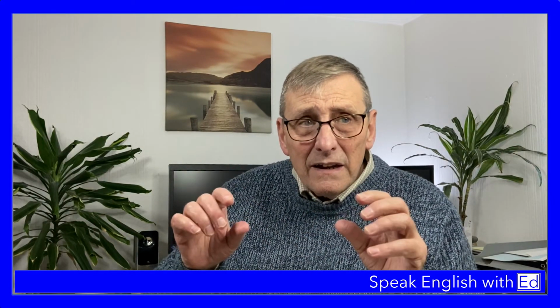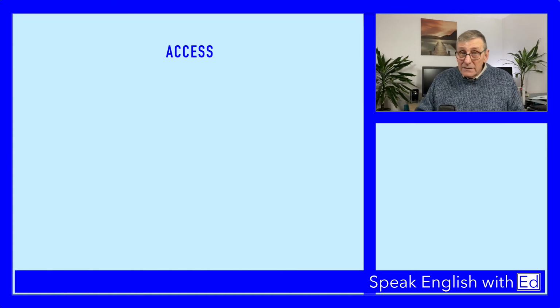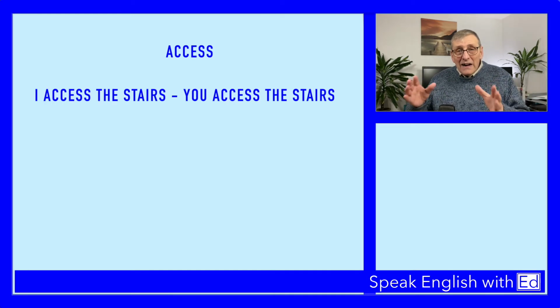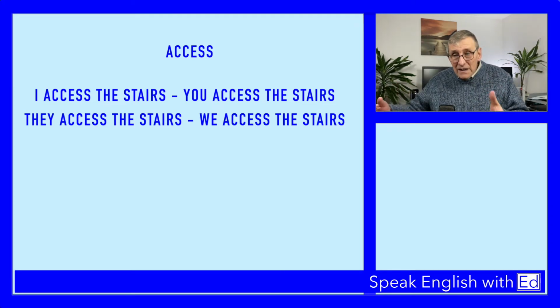Now, as I said earlier, if the word ends in an s, then you must add es. So if we use verbs like access, in its basic form the word is access. So I access the stairs, you access the stairs, they and we access the stairs.